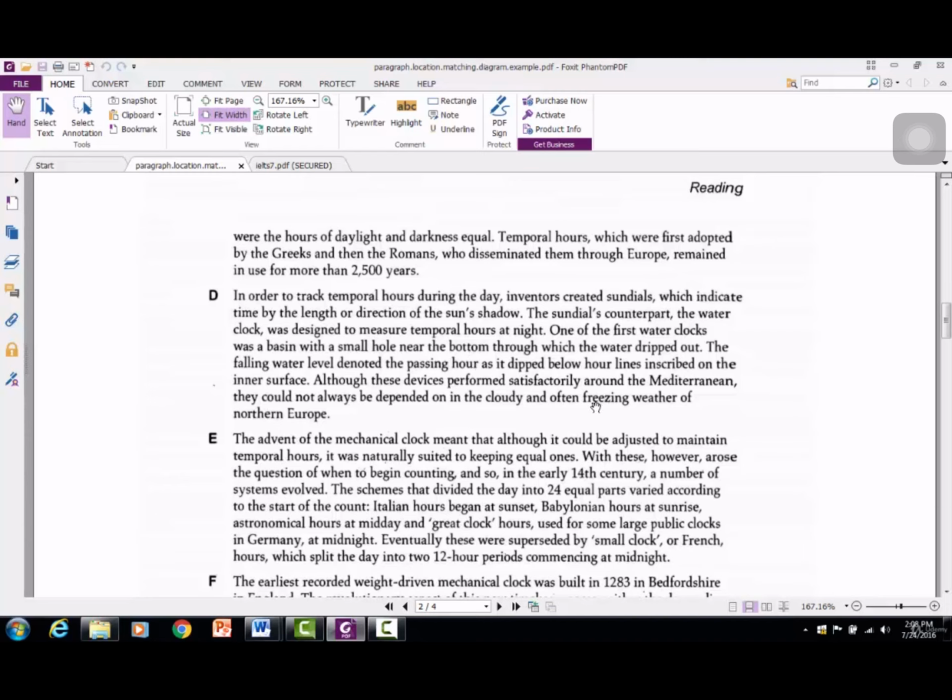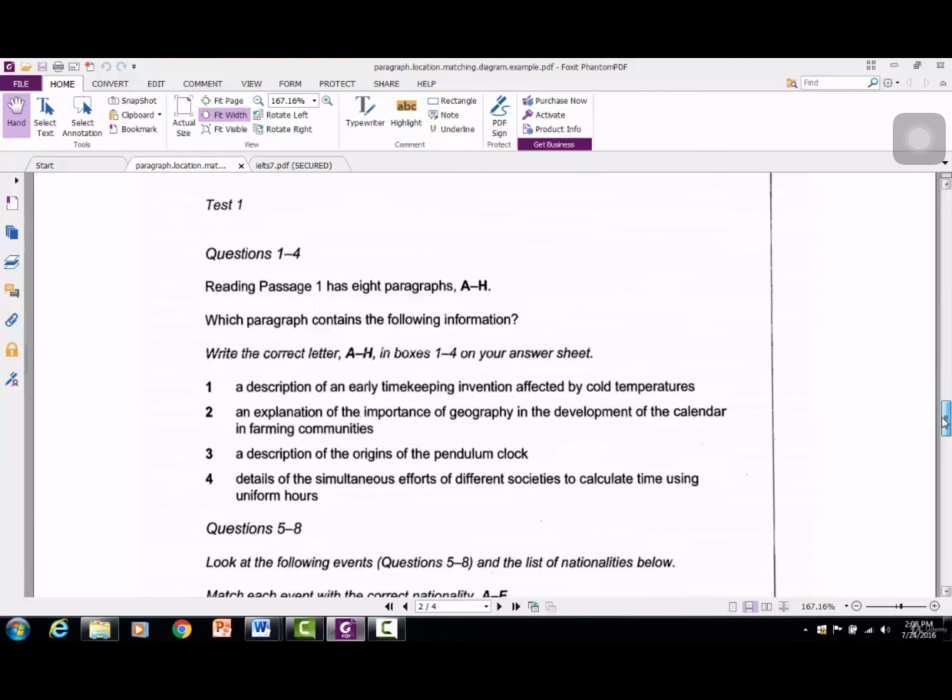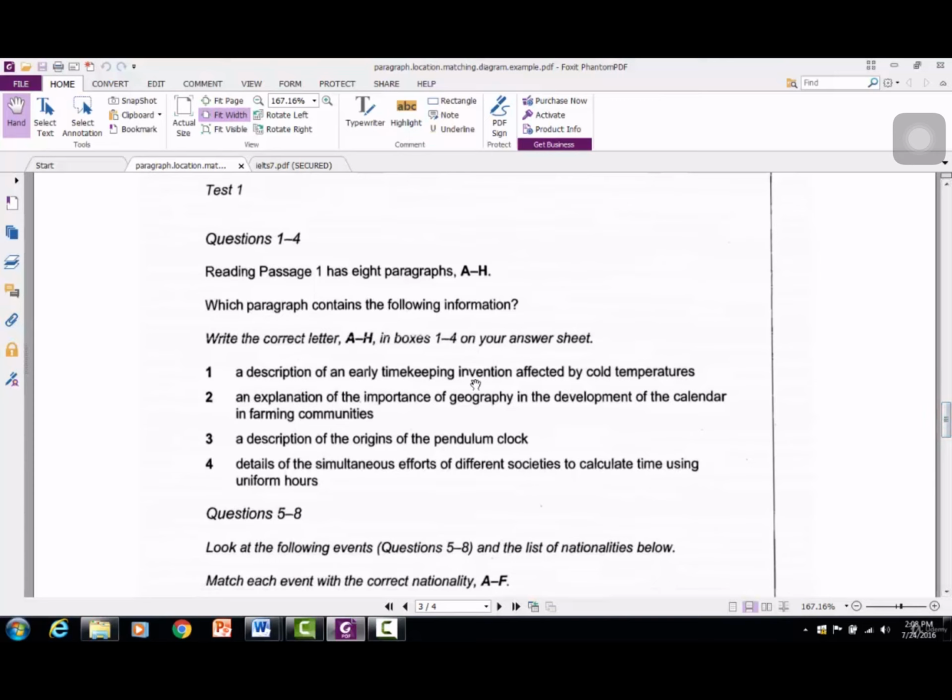Here we go. Freezing weather of Northern Europe. So in this paragraph D, we have an invention of the sundial, and we have a mention of cold weather, freezing weather. So that means number 1 is paragraph D.